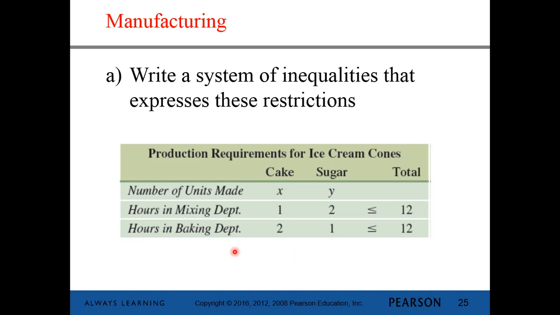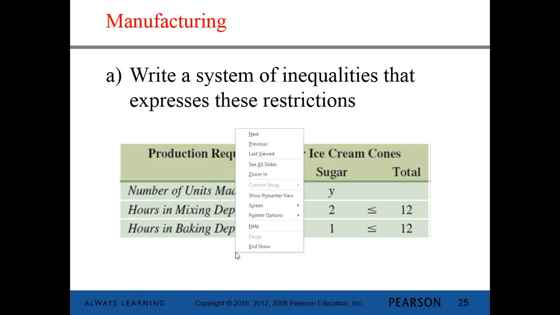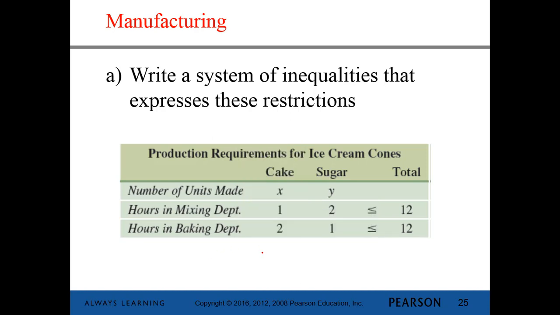Okay, so our system of equations will actually look like this, just so you know. So our system of equations, let me write this down. It's going to be x plus 2y is less than or equal to 12.